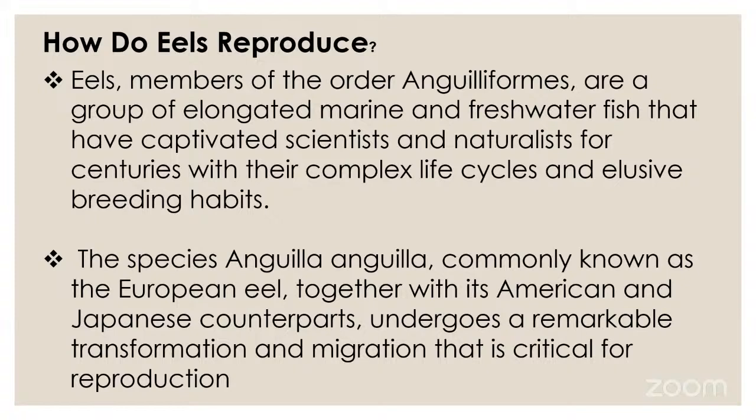They have captivated scientists and naturalists for centuries with their complex life cycles and their breeding habits. These species are commonly known as European eel, together with its American and Japanese counterparts. They undergo a remarkable transformation and migration that is critical for reproduction.